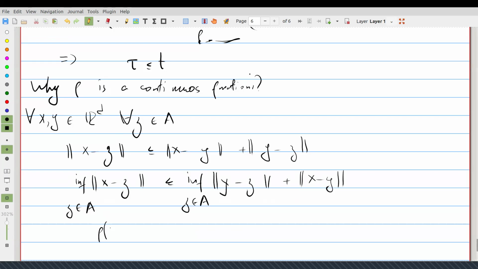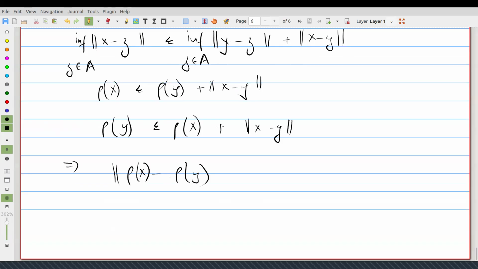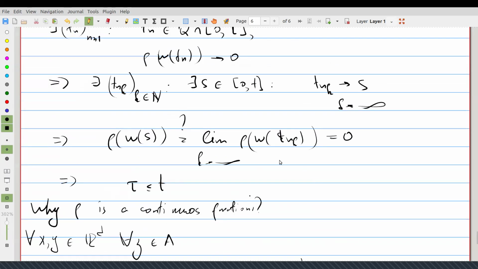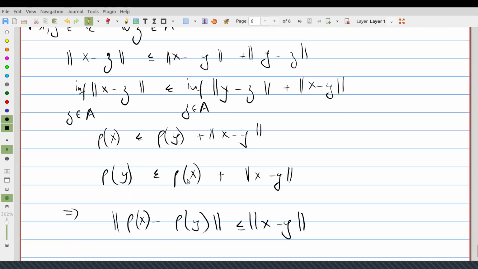Which is just that rho of x is less than rho of y plus the distance between x and y. And obviously we can switch from x and y to y and x, and analogously prove that rho of y is less than rho of x plus the distance between x and y, which immediately means that this is even actually a Lipschitz continuous function. So since it's a Lipschitz continuous function, we can conclude that this holds, and indeed, if this infimum is 0, then tau is less than T.